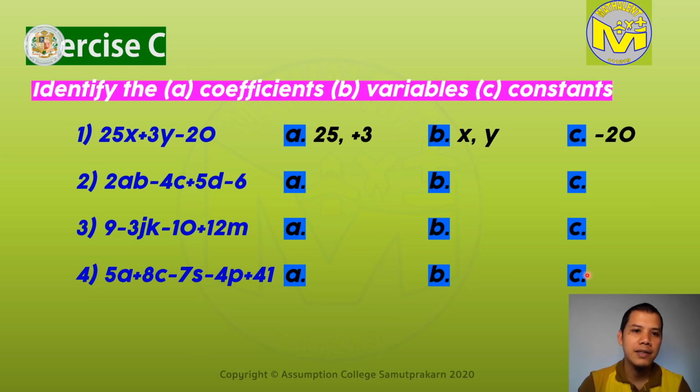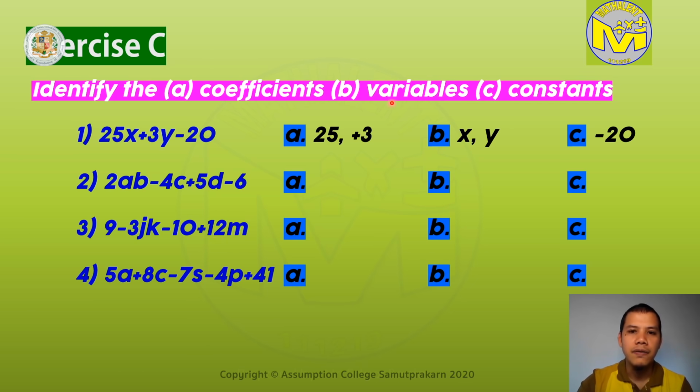Like 25x. In 25x, the coefficient is 25. In 3y, the coefficient is 3. In 5a, the coefficient of a is 5. In -3jk, the coefficient is -3. In 12m, the coefficient is 12.